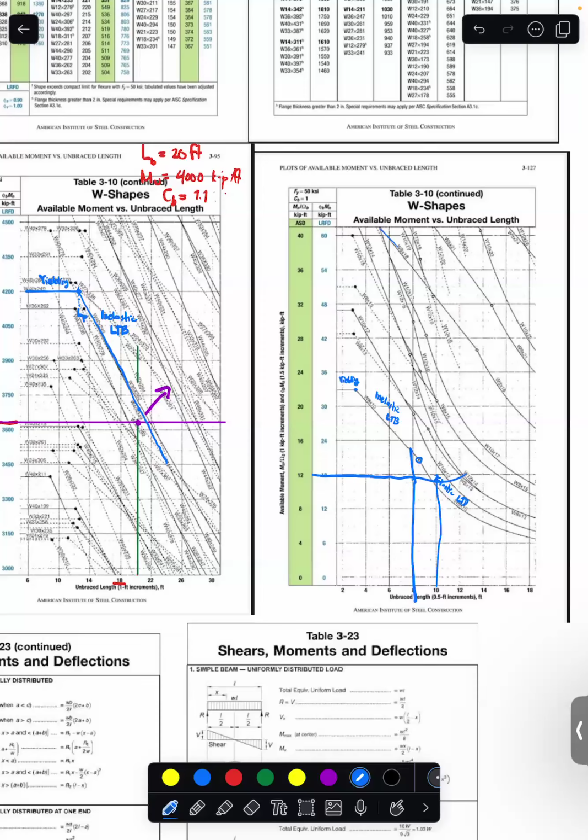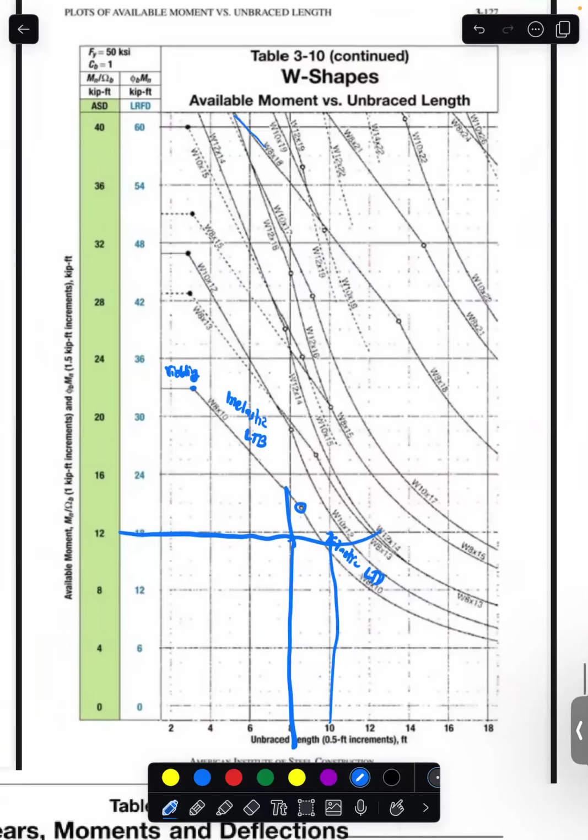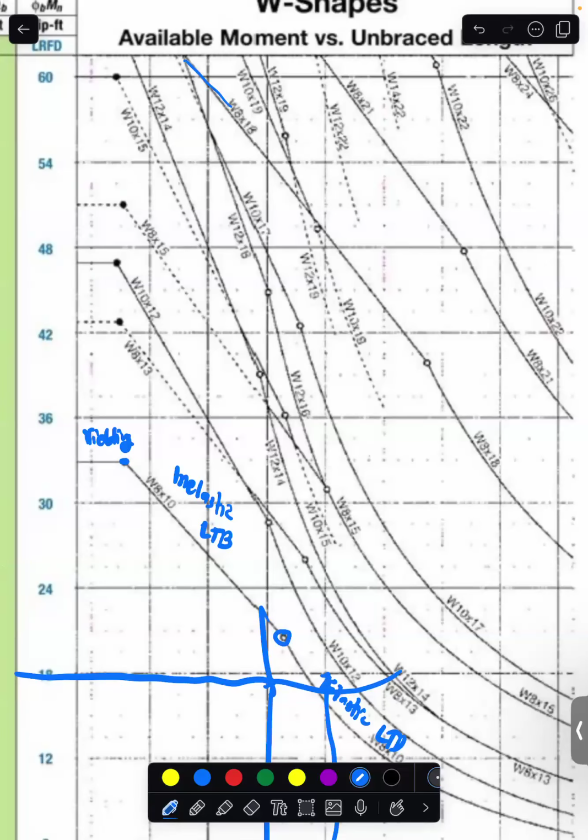Gawin natin na 10 feet. So binago natin, i-revise natin ng konti. W8x13, W8x15, W10x17, W8x18. So si W8x18, si W10x19, si W12x19, si W12x16. So si W12x16 ay inelastic LTB dito.